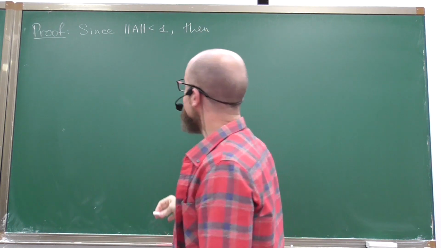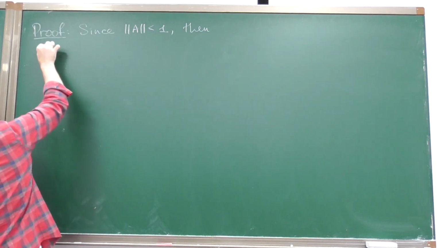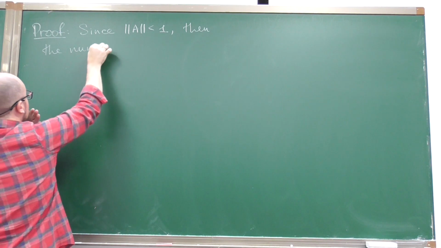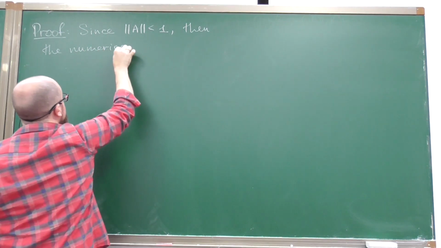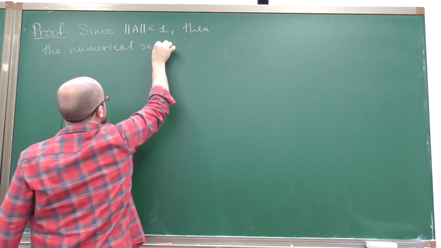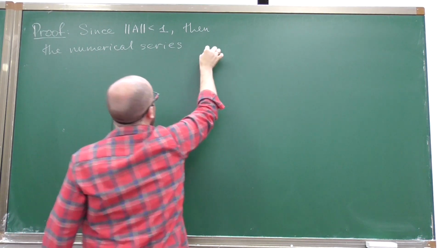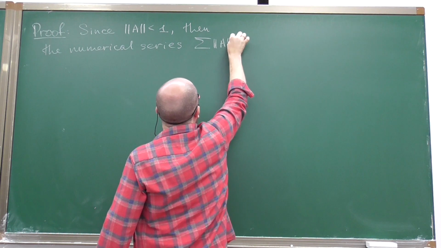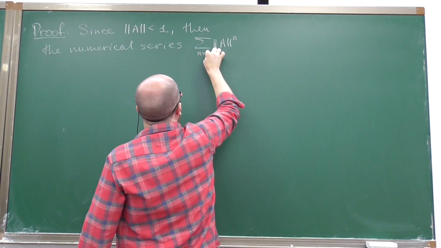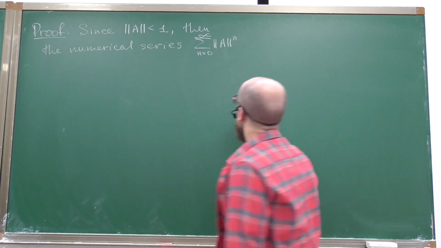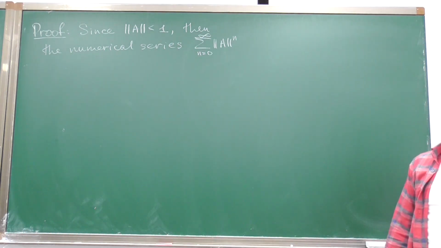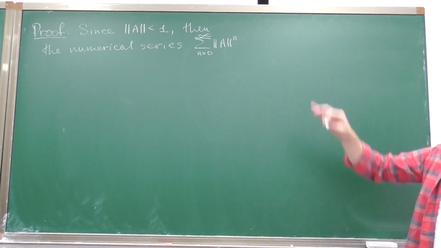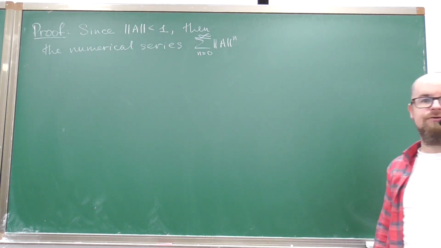Then, let us consider the numerical series. This numerical series is nothing but the power series, with the base of that power being strictly less than 1, so it converges.